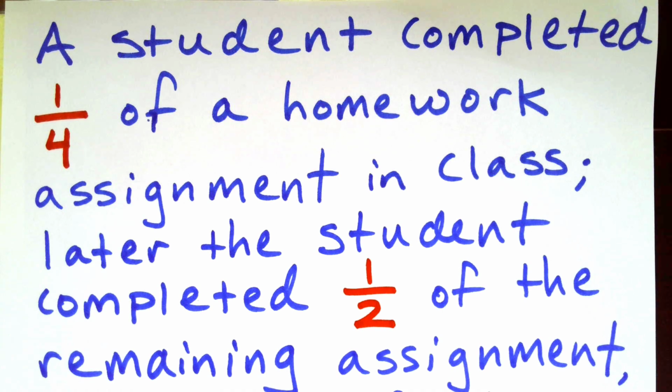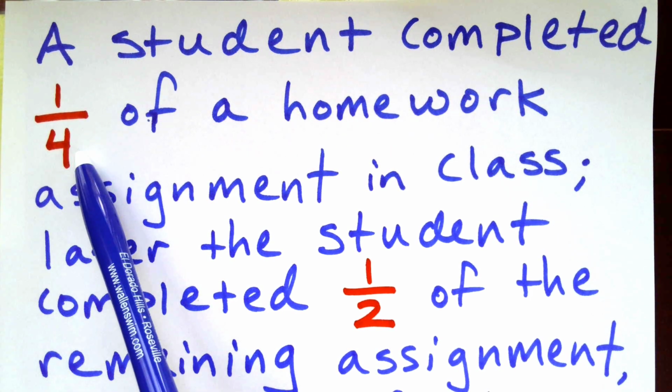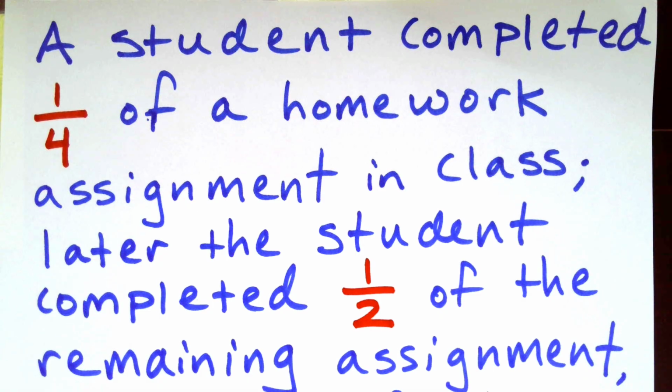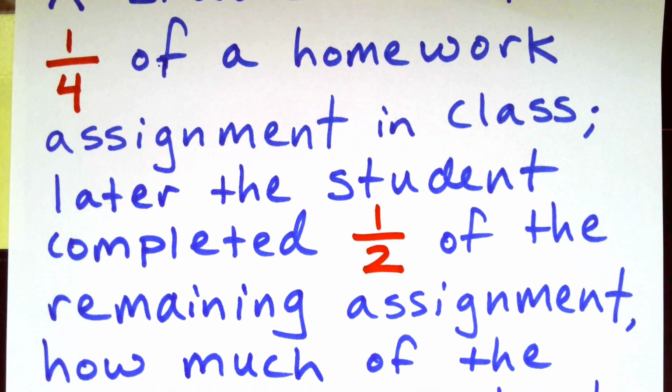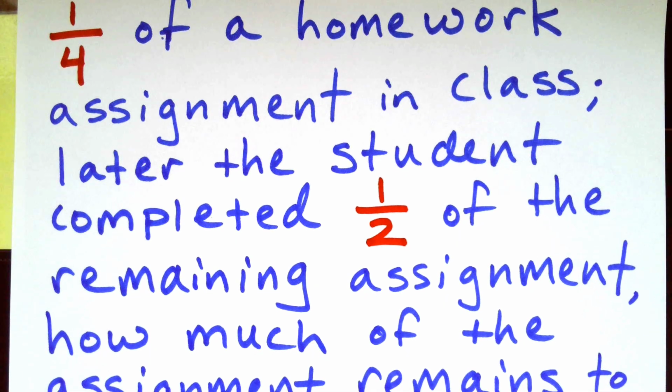All right, this is a second go around. So a student completed 1/4 of a homework assignment. So if a student completed a fourth, how much is remaining? Keep that in mind. The assignment in class. Later, the student completed 1/2 of the remaining assignment. Okay, so a half of the remaining assignment.